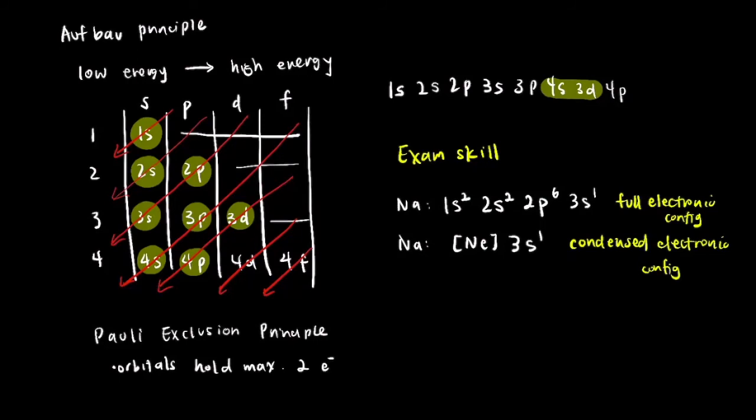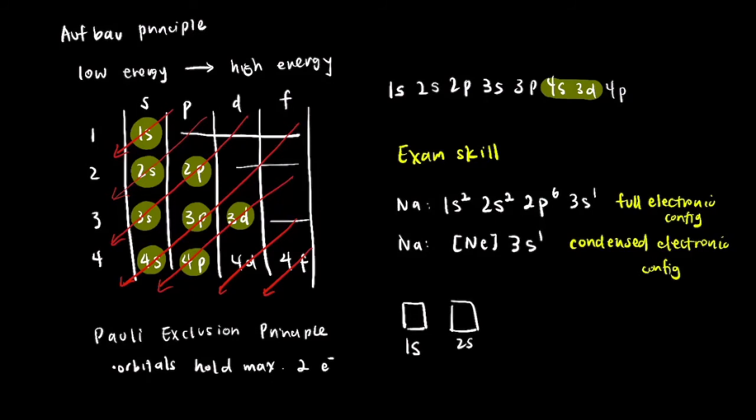Next, we have something called the arrow in box diagram. So for the arrow in box diagram, it is just the electronic configuration but presented in a different way. We just draw boxes for each of the orbitals. For example, 1s would have one box for one orbital.